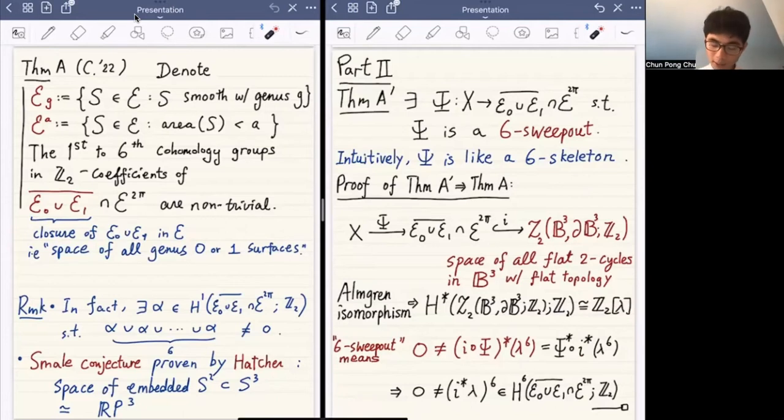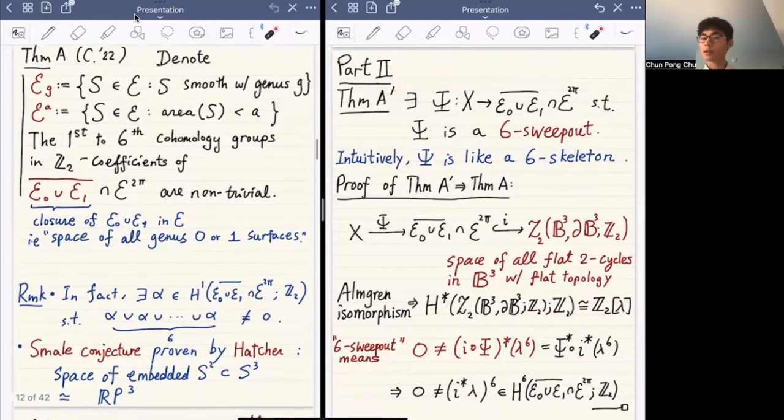Theorem A prime concerns the phi, sorry, it's not phi, right? I mispronounced it. It's psi. So there is this sweepout psi. This is a 6-sweepout, and I'm going to introduce what the word 6-sweepout means.